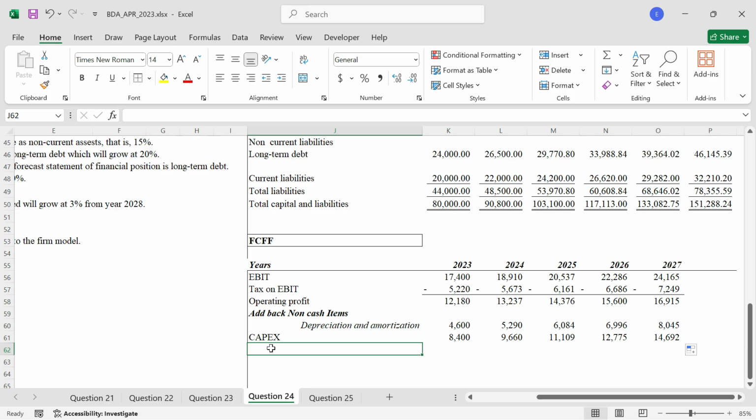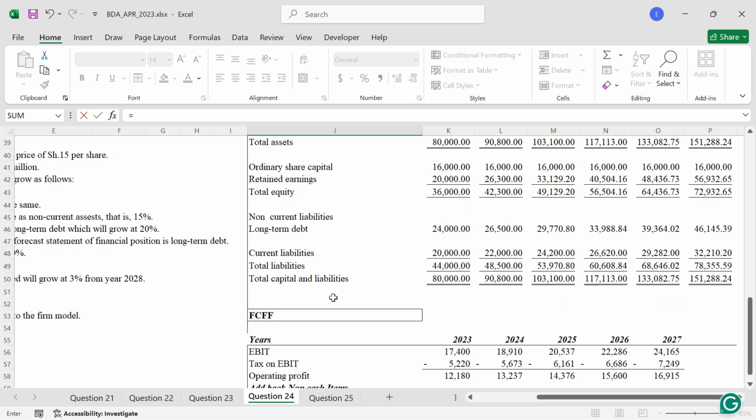Then I can now account for my working capital changes. Working capital ordinarily involves my receivables, payables, and my inventory. But this time I only have current assets and current liabilities.